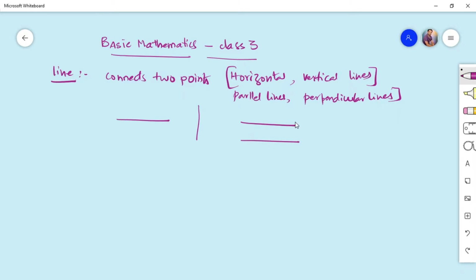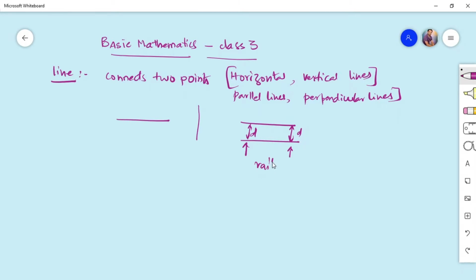That means the distance between these two lines at this particular point is the same as the distance at this particular point. So the distance between the two lines is the same at any reference point.